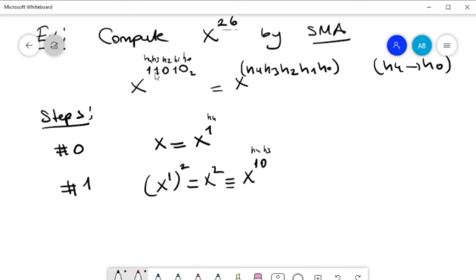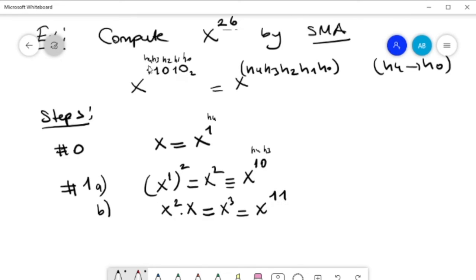So if it is 1 here, we need to make one multiplication. In step 1, parts A and B, I need to do one multiplication with x, and this is x cubed, which is x to the power 11 in binary.